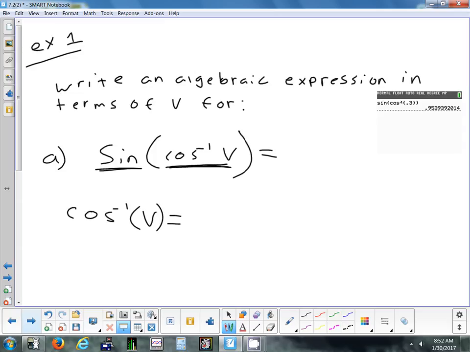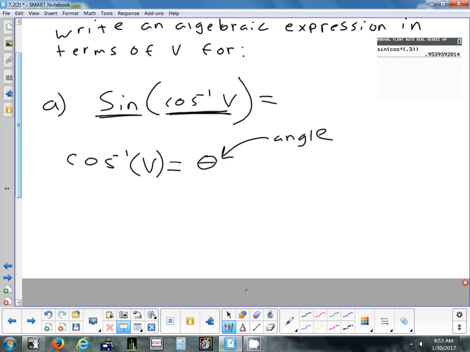It's something geometric. What do you use radians for? Angles. So anytime you do inverse trig, it's going to be equal to an angle. In this problem, I don't know what the angle is, so let's just call it theta. Theta is used to represent a generic angle in trig.